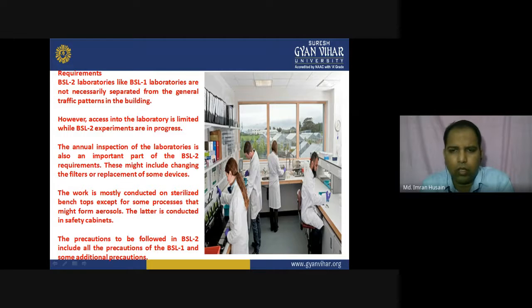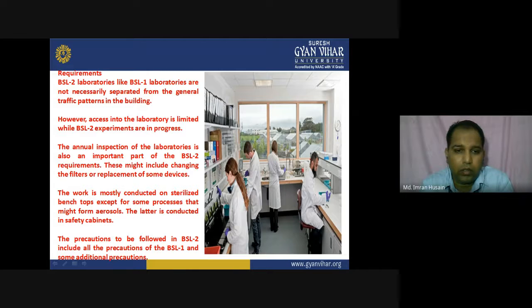That's very well understood because all the machinery involved sometimes needs servicing or some sort of replacement. After a very long duration of use, they do suffer some sort of faults or wear and tear. The work is mostly conducted on sterilized benchtops, except for some processes that might form aerosol.